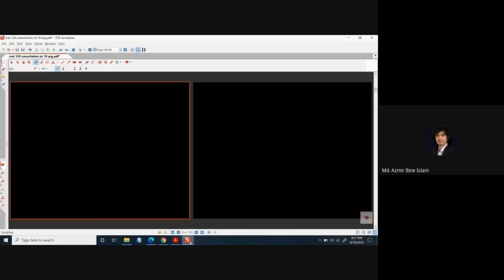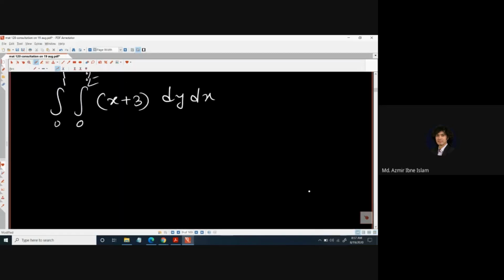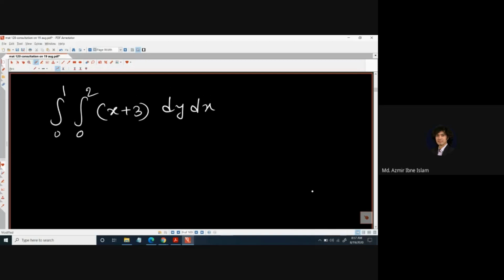Let's say we have to evaluate the integral of x plus 3 dy dx, with the limits of integration 0 to 2, 0 to 1. So our target is to evaluate this integral. This is actually a double integral. So evaluate the double integral, this one.